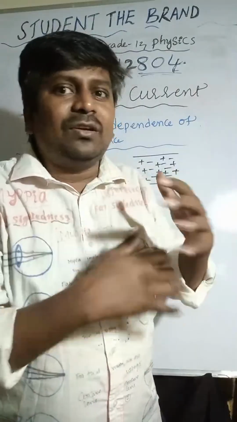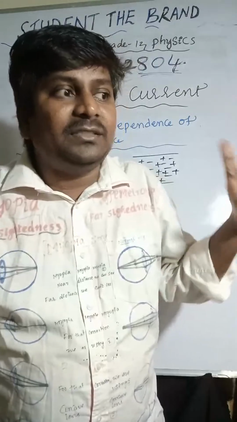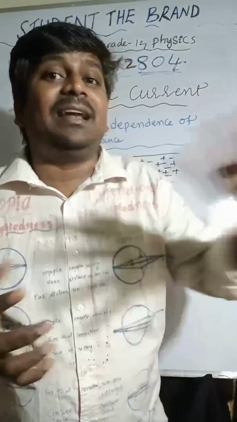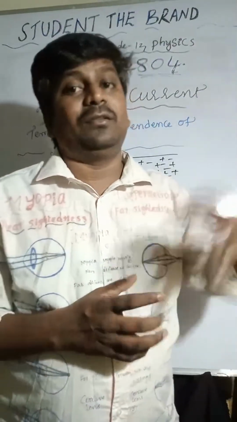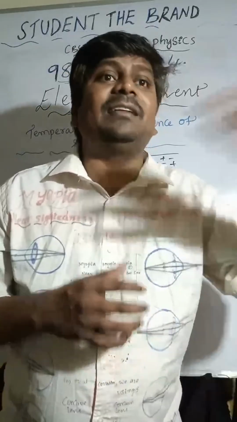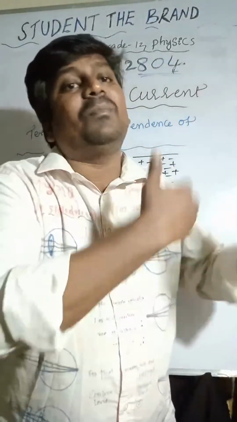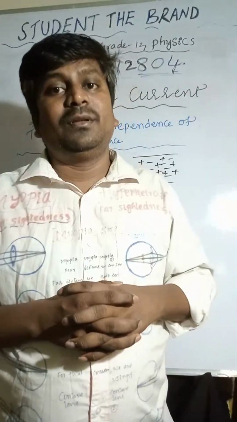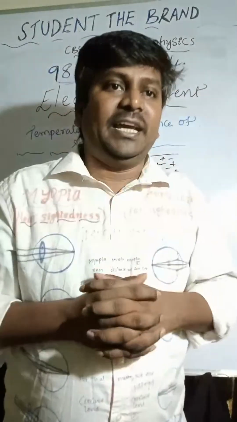If the electrons are moving with greater amplitude, faster, then what happens? The electrons start colliding with another electron. This electron will collide with another electron, that electron will collide with another electron. Keep on, collision and bombardment take place.